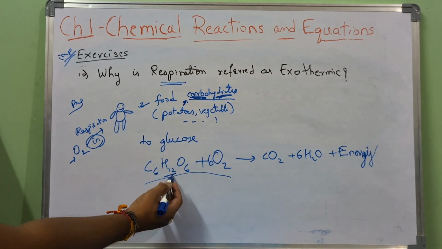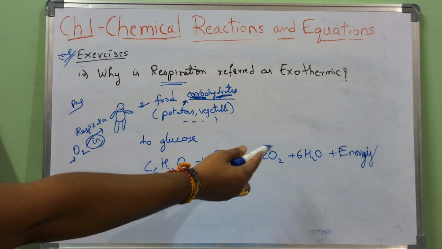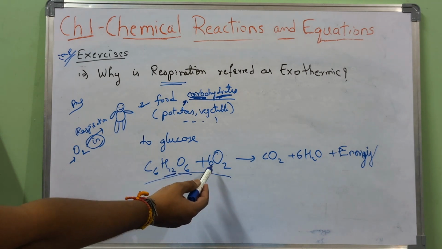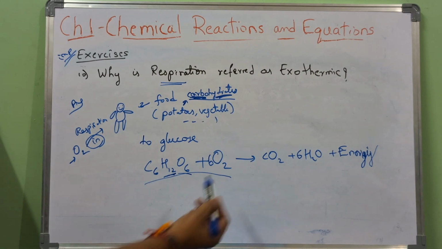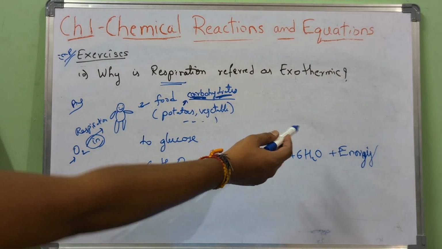So hydrogen is balanced, 12 and 12. And oxygen, here it is still 2 plus 6, that is 8, whereas here it is 6 plus 12, that is 18. So if we keep 6 here, let's see. 6 times 2 is 12 plus 6, that is 18.